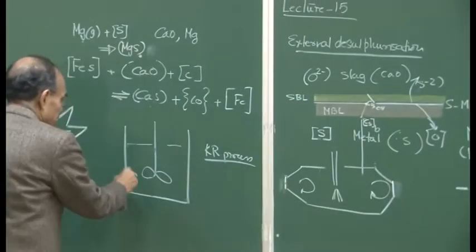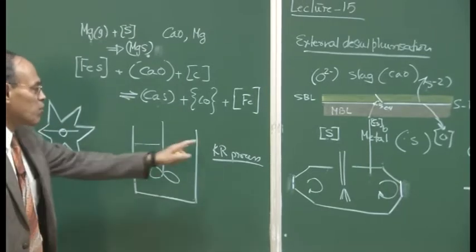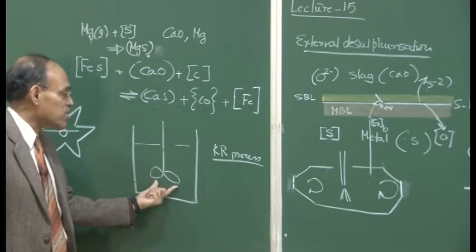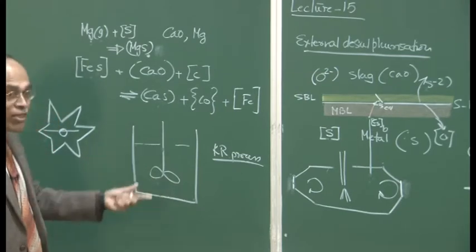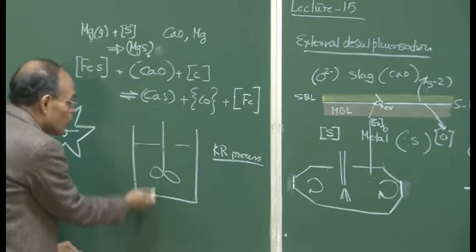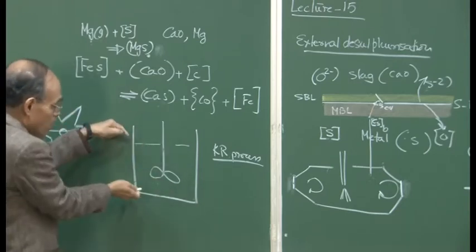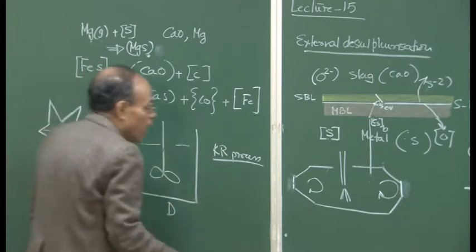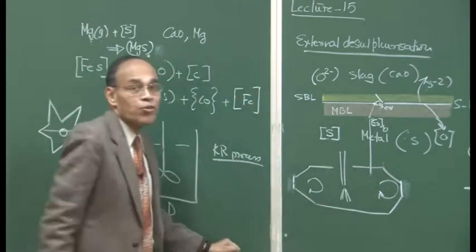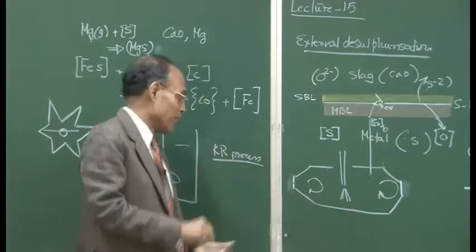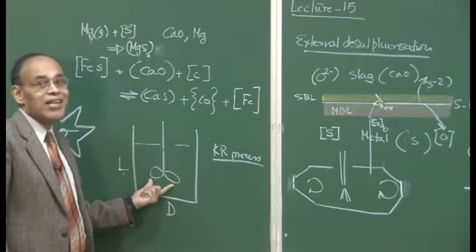But hydrodynamically, ladle desulphurization, this KR process, particularly the propeller used, is carried out in ladles, and the ladle is a much more efficient system. The ladle also lets you make it a gas stirred system, because the L by D ratio of a ladle is far more favorable than that of this. So, this is a relatively poorly stirred system for the same amount of energy input, and this is a better stirred system.